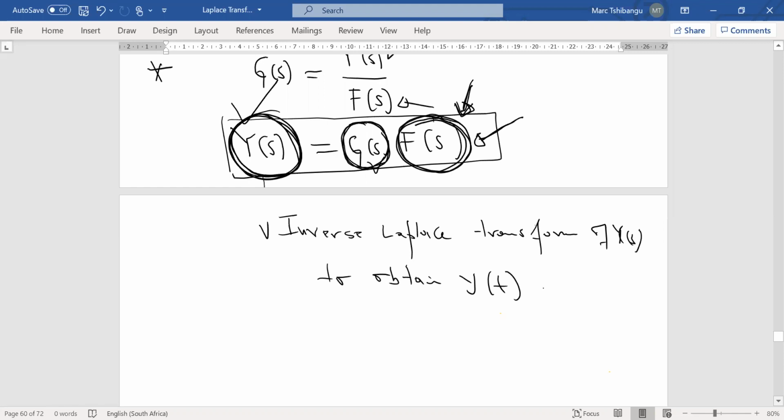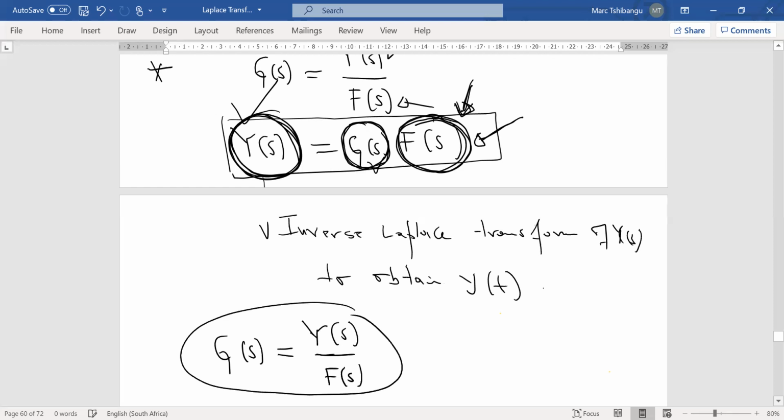And something that's also worth noting is when you are given a transfer function, we know it is Y(s) over F(s) because it relates a selected input and selected output of a process model. This is a ratio of two polynomials. We can also say the transfer function is Q(s) over P(s), just a ratio of two polynomials.